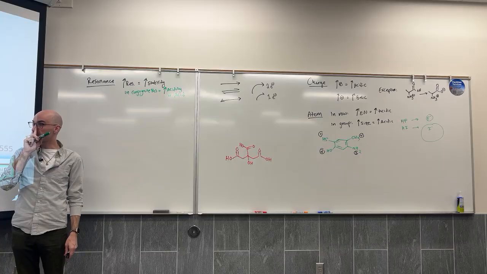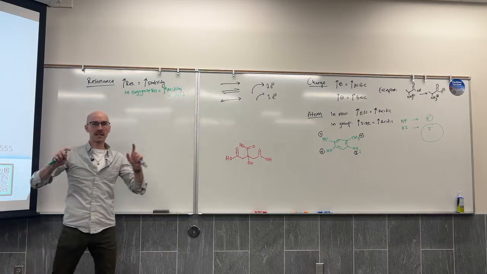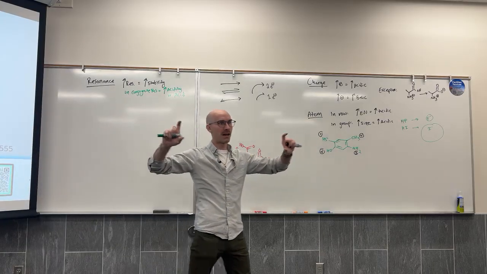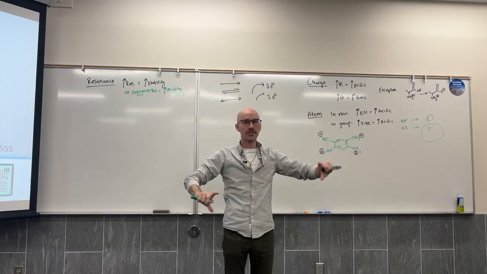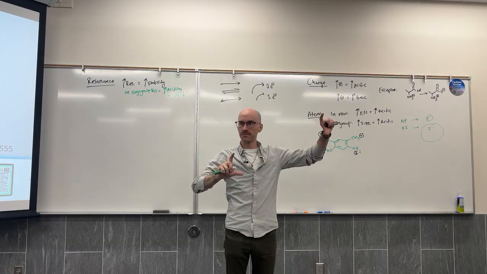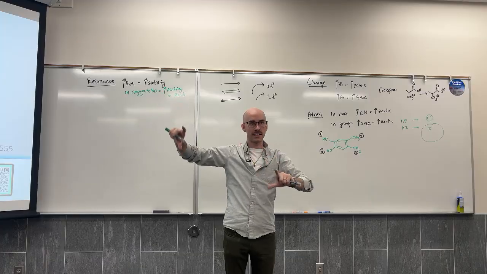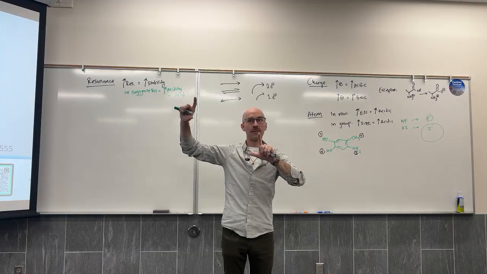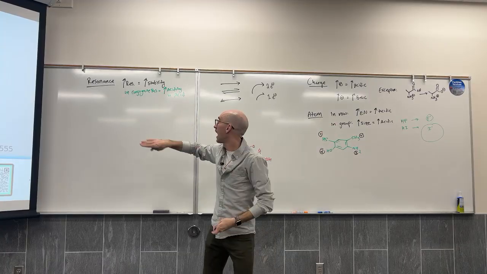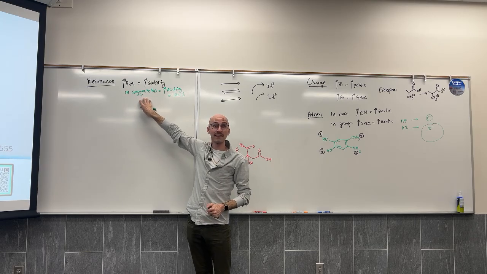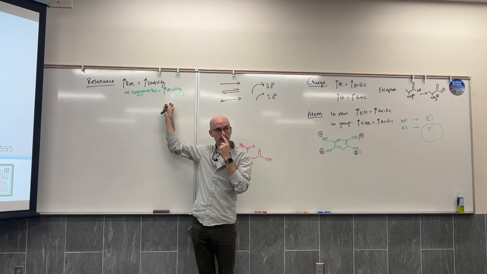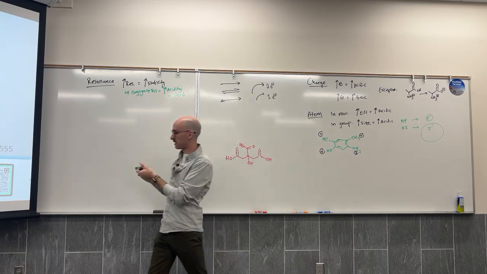Resonance is a stabilizing force because those negative charges, those positive charges, they're not just on one atom, they're delocalized across a system. So resonance stabilizes, and if my acid has a lot of resonance in the conjugate base, then my base is quite stable, and my acid, as a result, is more acidic.